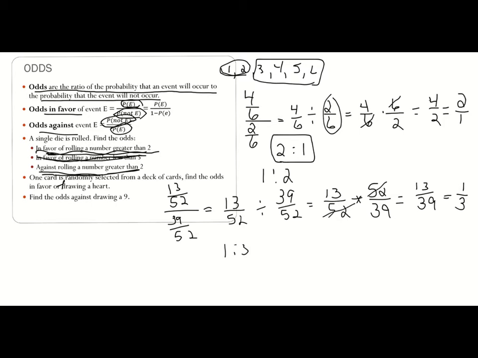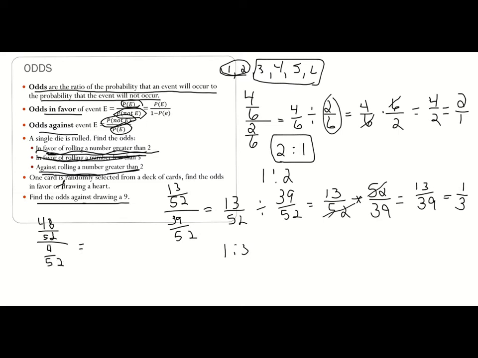All right, the last one we're going to do is find the odds against drawing a 9. If you think about our problem, we have 4 9s, but we want against drawing a 9. So if there are 4 9s out of 52, that means there are 48 cards that are not 9s. 48 out of 52 over 4 out of 52.